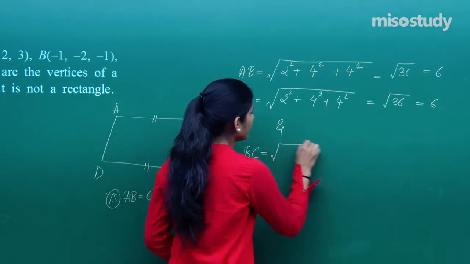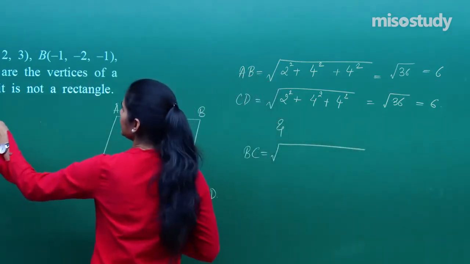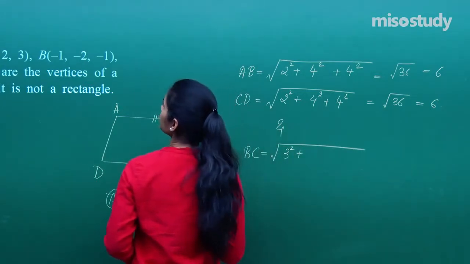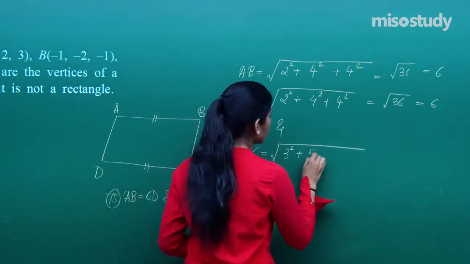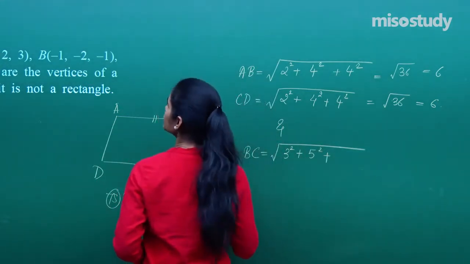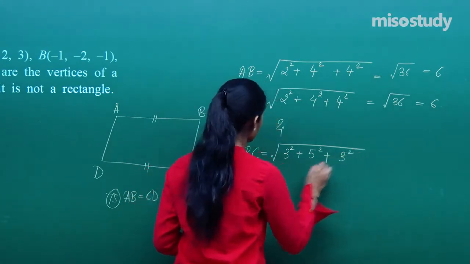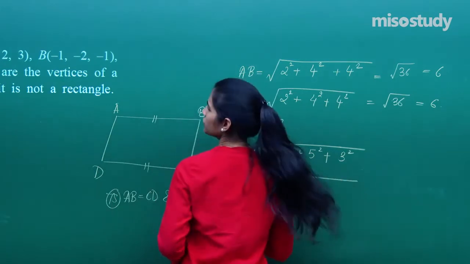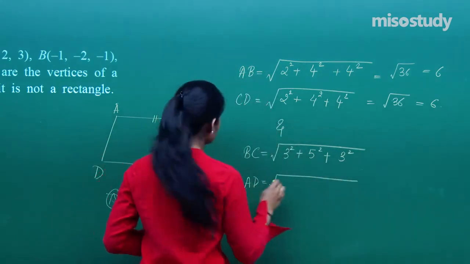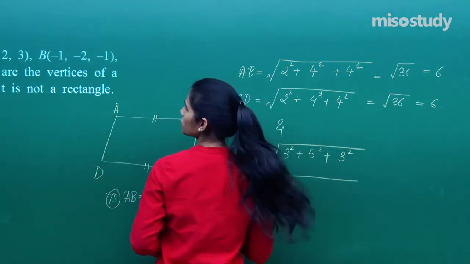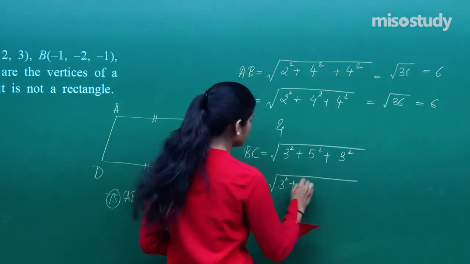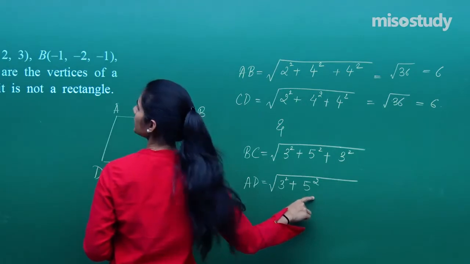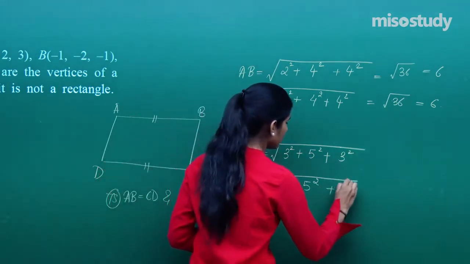BC, if I calculate BC, it is 2 minus minus 1 whole square plus 3 minus minus 2 whole square plus 2 minus minus 1 whole square. And then I have AD to be calculated. AD, 4 minus 1 whole square plus 7 minus 2 whole square plus 6 minus 3 whole square.